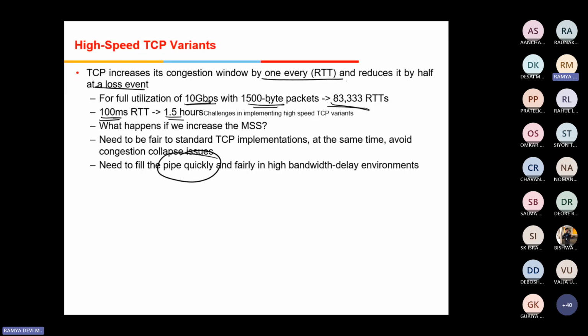So a high-speed variant should scale the congestion window rapidly to match the available bandwidth, and it should also react to congestion signals. All these things have to be overcome in high-speed TCP variants.